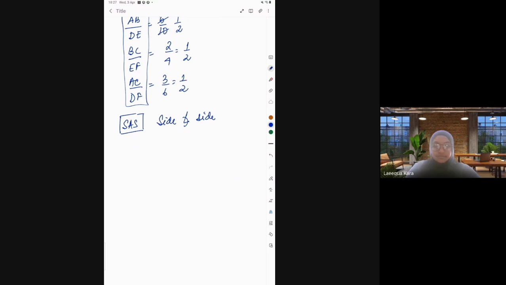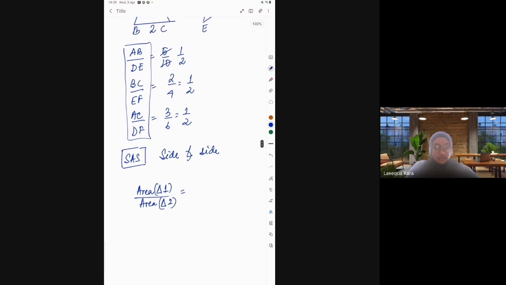Now, there's also another property in similarity that we use in sums, which is that if two triangles are similar, then the ratio of their areas, so area of triangle 1 to the area of triangle 2, will be equal to the square of the ratio of their sides.